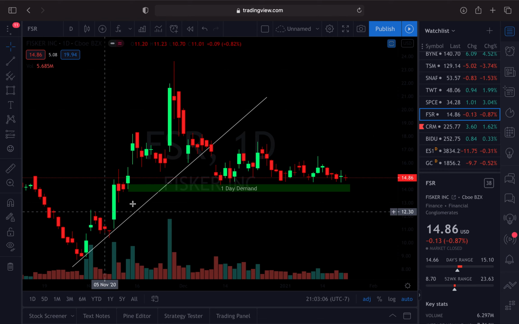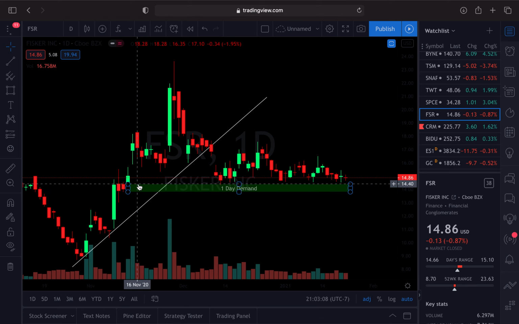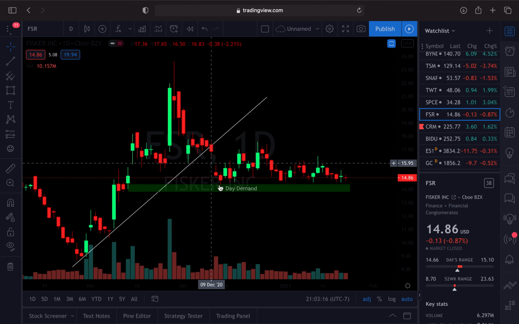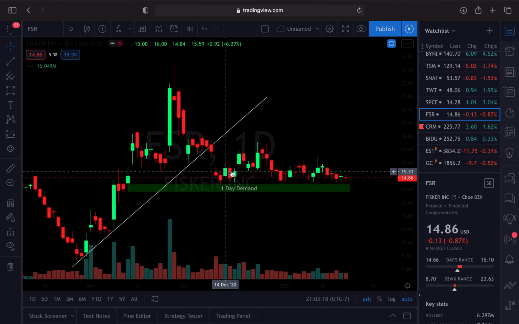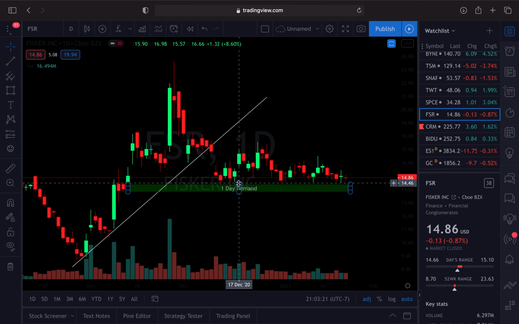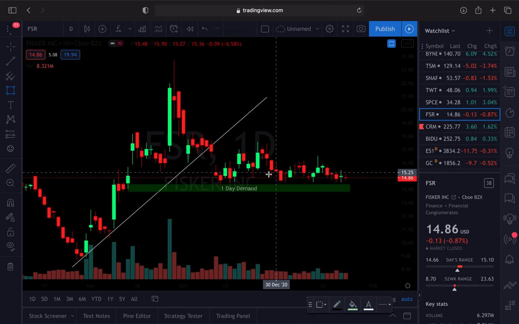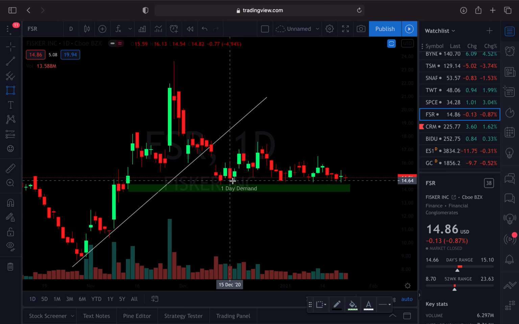Yeah, here we go. There's the daily demand right here. Bottom of body, top of wick. You see the reason why this was formed right here. You look at this bounce that happened a while later. Bang, bounced, and that created new support right on that 1450 level. And technically, if you really want to get into technicals here, there was a smaller demand zone that was formed right here.